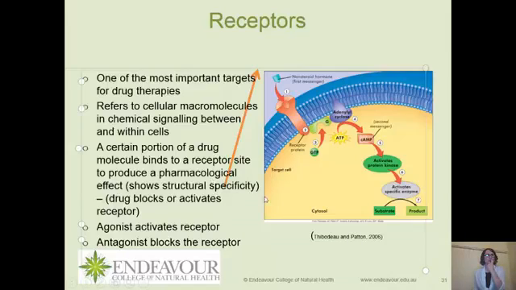And there is usually some sort of structural specificity to that molecule. Now remember that this drug might block at that receptor or could activate at that receptor, and we'll look in more detail later about those two actions.